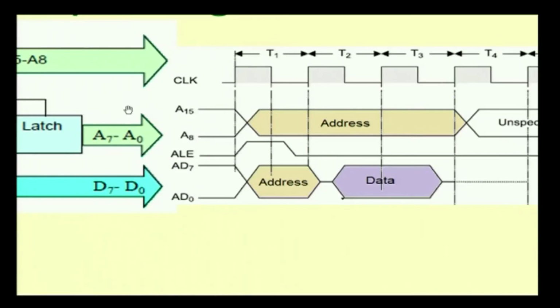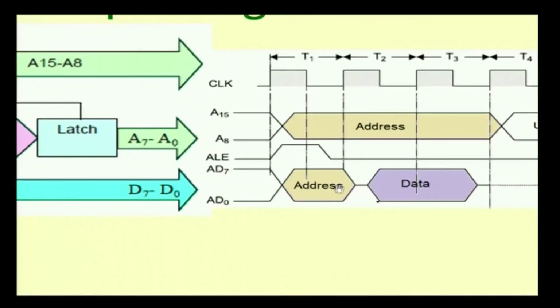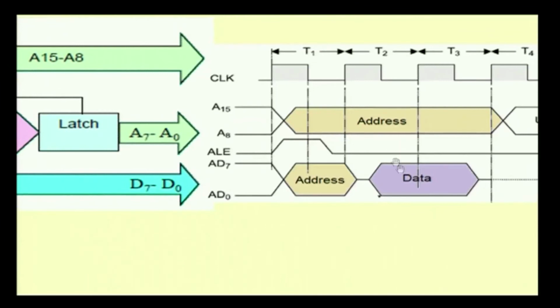Then this bus will not send the address, as you see here, the address has gone, and then data will come. Although data is here and no address is there, the address has already been captured, so the address is available. A0 to A7 and A8 to A15 together are available in this bus, because the lower byte has already been captured by this latch.